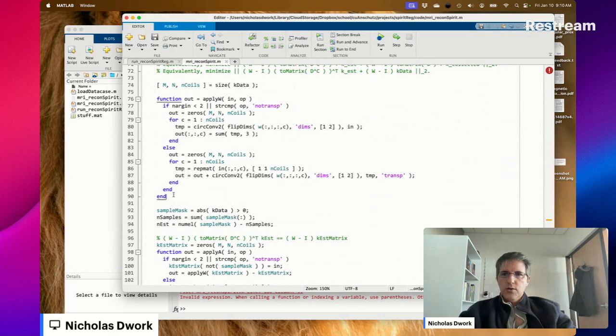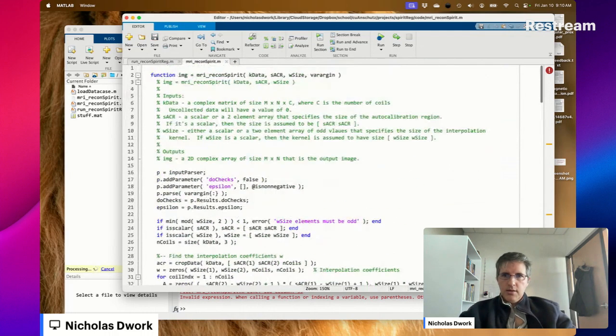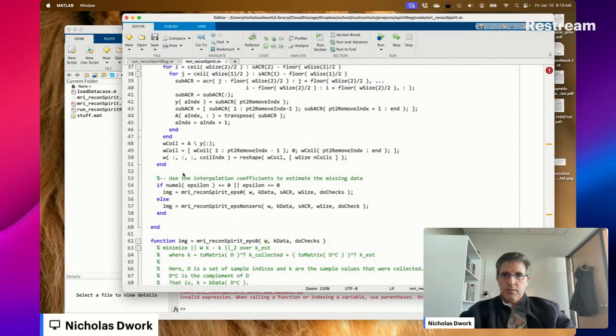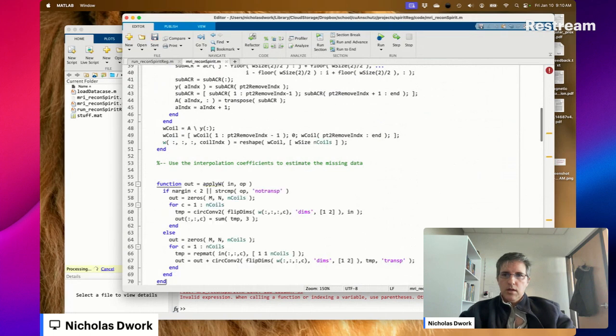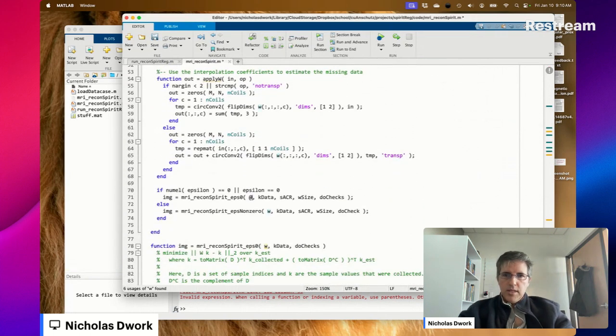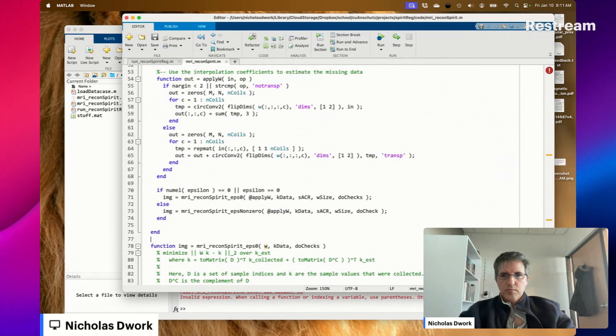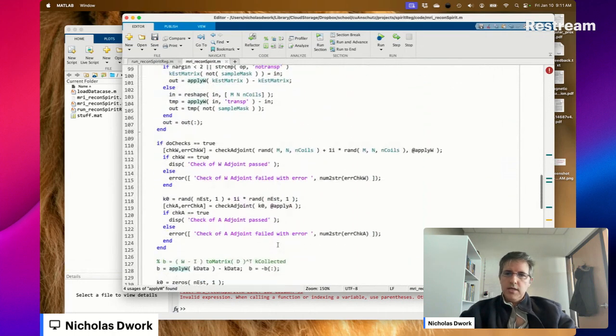No. So we don't even need W in the code. Apply W is also going to be the same to both codes. So I'll pass in apply W here. Apply W is a function handle. We can just call it.